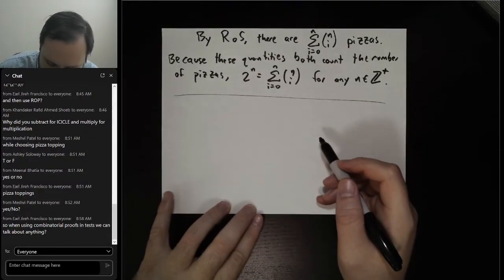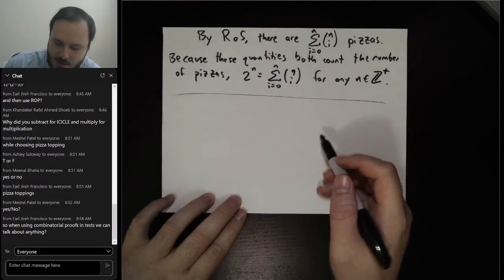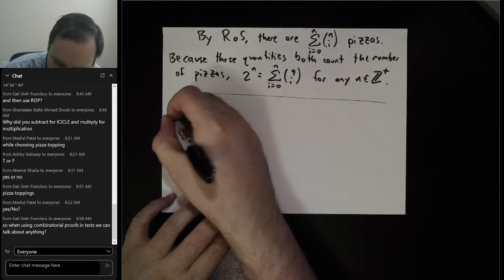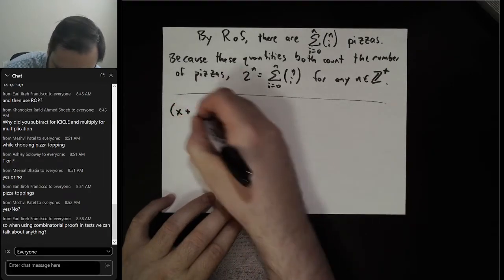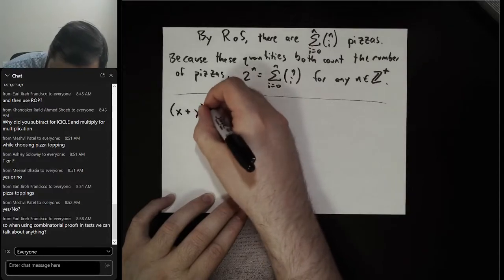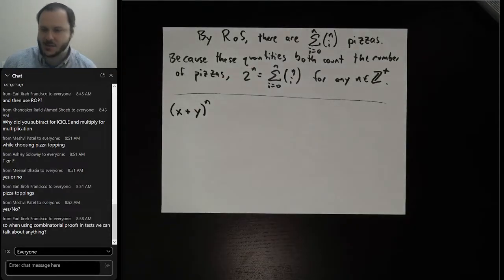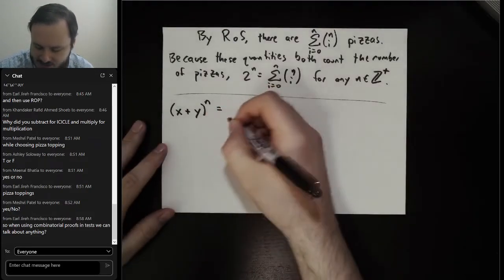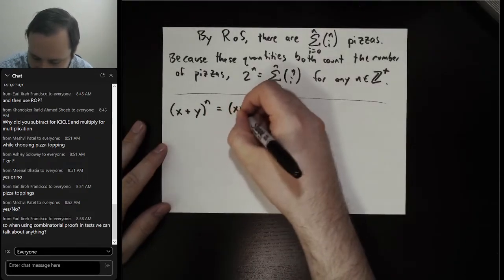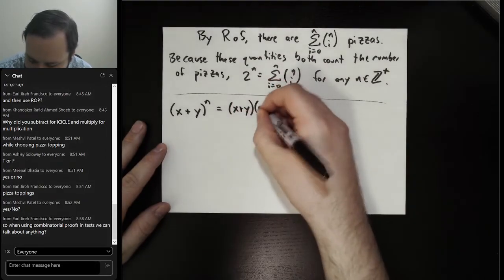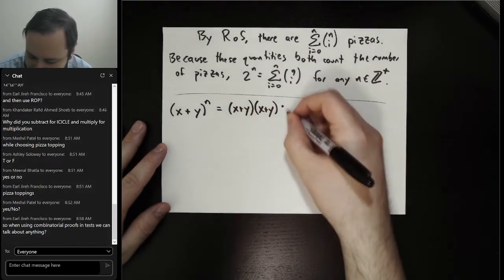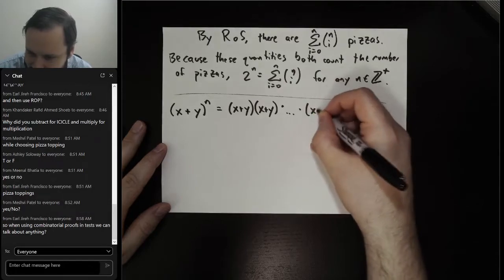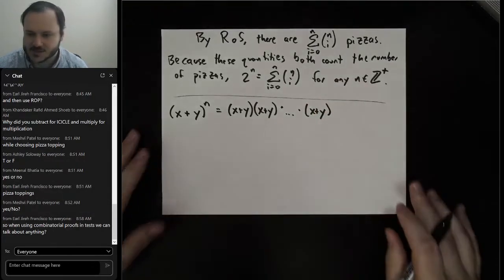I want to look at what happens when we try to expand something that looks like (x plus y) to the n power. So we know what this is. This is going to look like (x plus y) times (x plus y) times a whole bunch of times (x plus y), a total of n of these multiplied together.